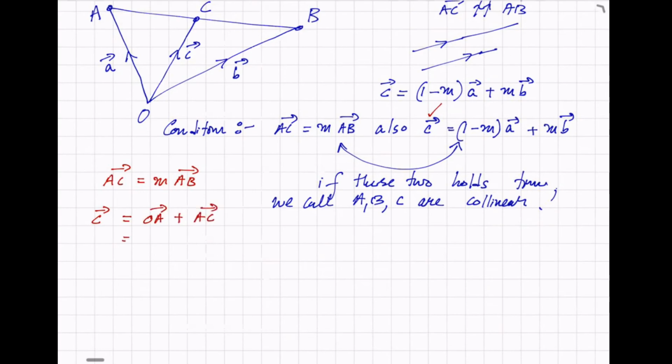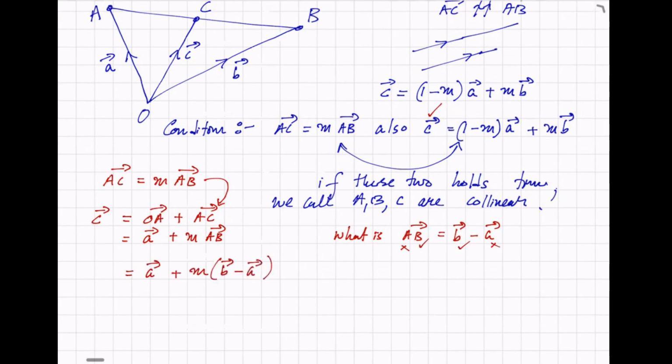Now OA vector is A vector, and AC vector from here is m times AB. Right? So now what is AB vector? AB vector is B minus A, right? How do you know? Because this will help you: B comes first, A comes second. So AB vector would be B minus A. So you can write A vector plus m times (B vector minus A vector). That would be your C vector.